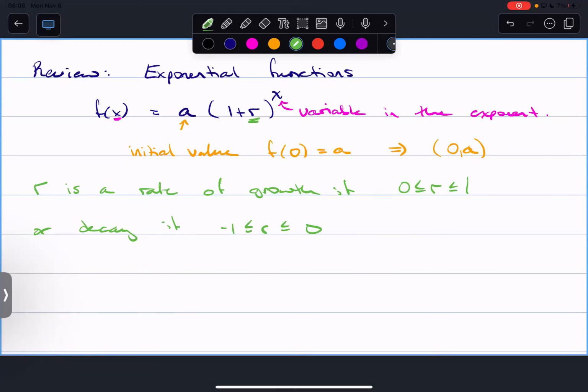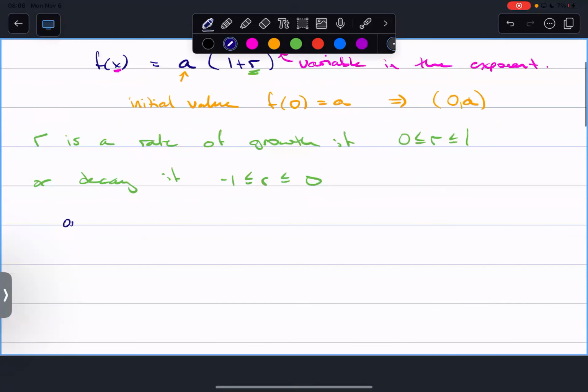So sometimes what we do is combine 1 plus r into just one variable b, it's still 1 plus r. Or we can write f of x is a times b to the power of x, where b is 1 plus r.